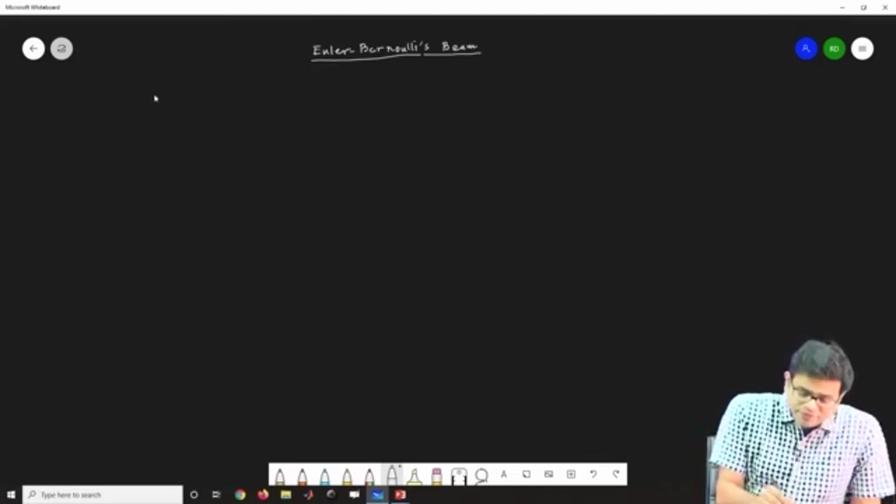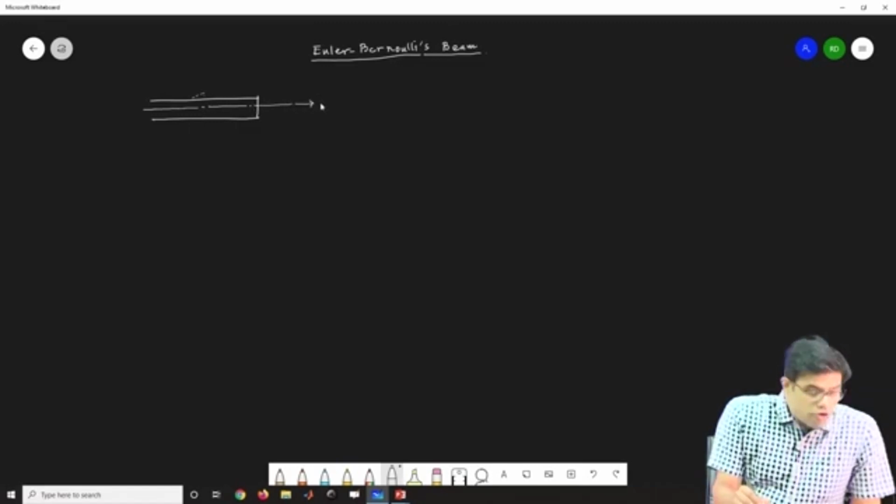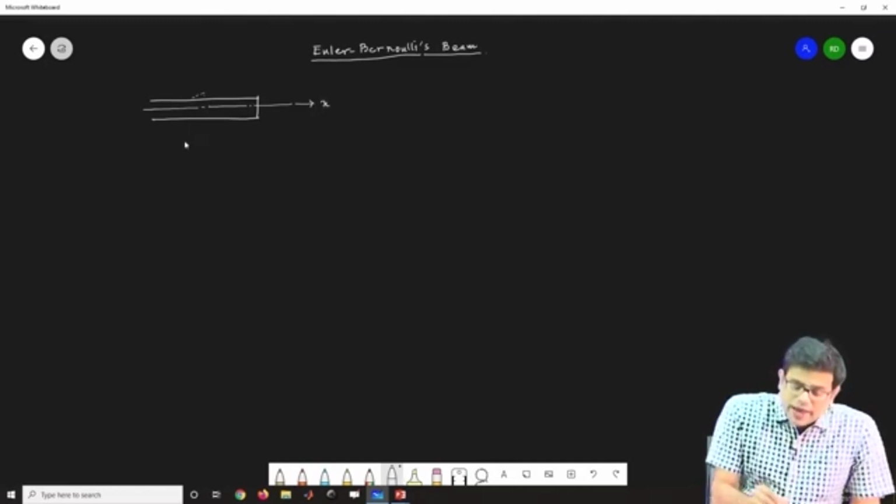Suppose there is a beam, I am just drawing it in 2 dimensions. Let us say this axis is the center line of the beam, sometimes called the undeformed neutral axis if the cross section is perfectly square or rectangle.